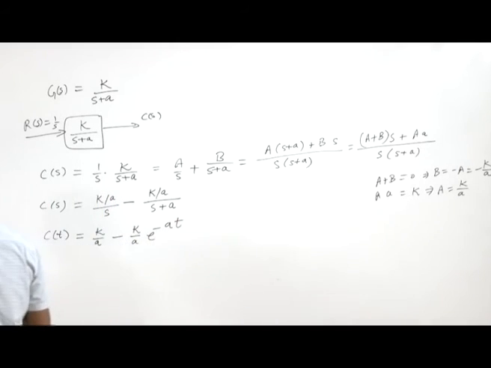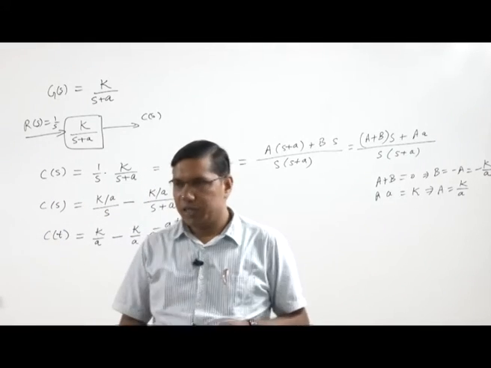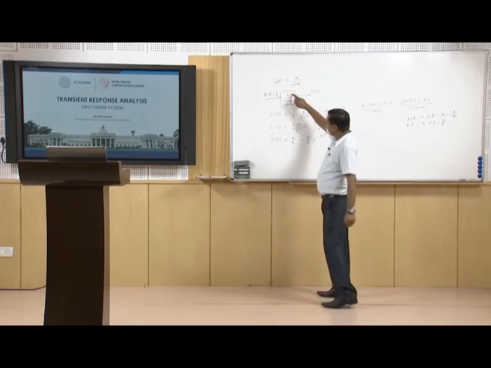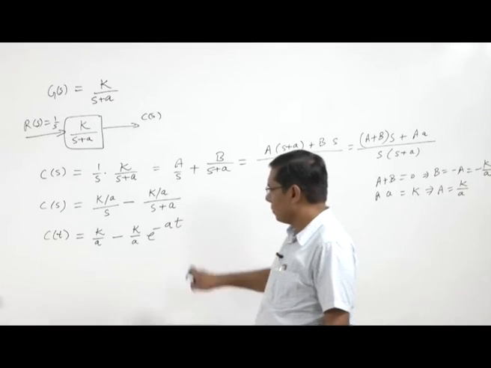So, if we want to make the transfer function of this first order system, we need to know k and a from the response, and this is the response.